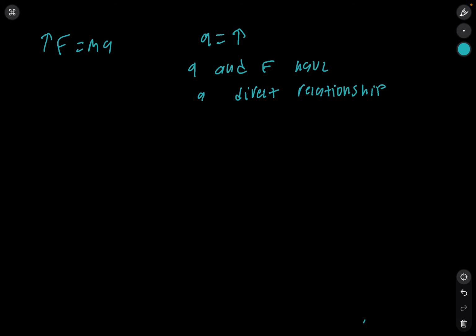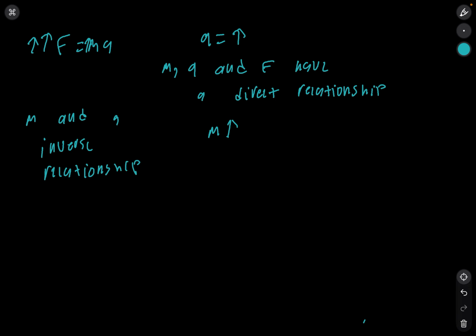We can also say that F and m have the same relationship, since if you increase mass, you also increase force. So both m and a have a direct relationship with F. However, m and a have an inverse relationship. This means that as one goes up, the other must come down in order to keep the force constant.